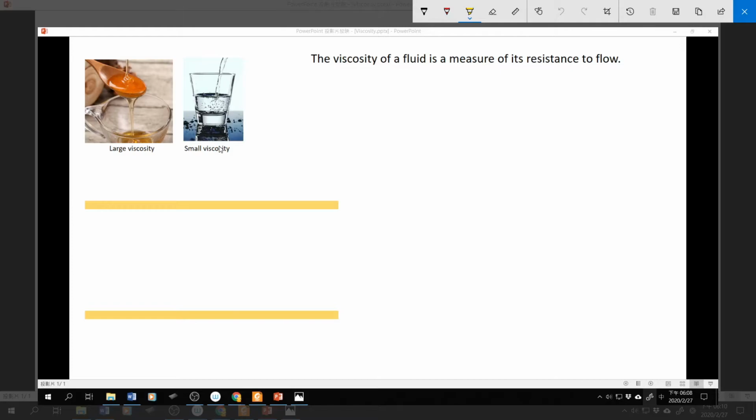And next, in order to determine this property, we can consider an experiment here. In this experiment, there are two plates.